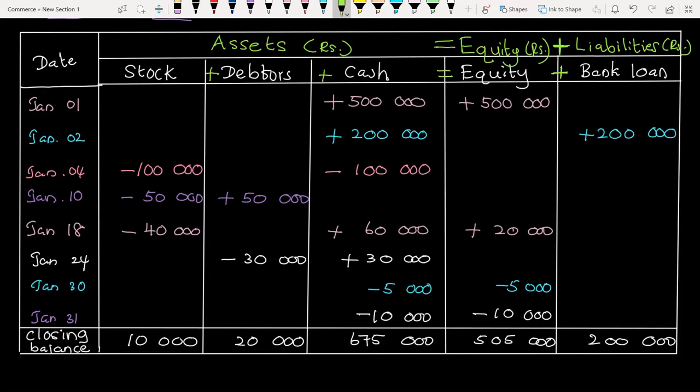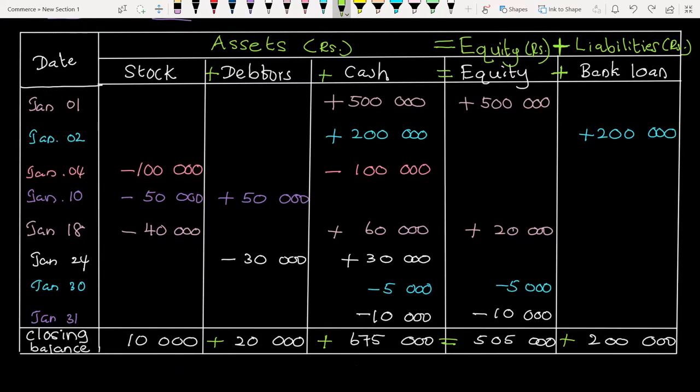Then we do the same thing for our closing balances. Balance of stock plus balance of debtors plus balance of cash equals equity balance plus bank loan balance. So here what we did was we just followed our equation by putting pluses and an equal mark.